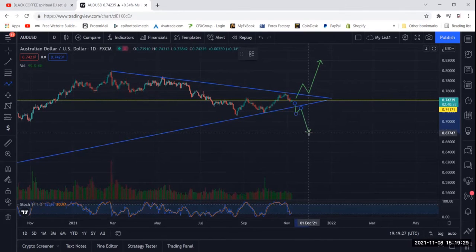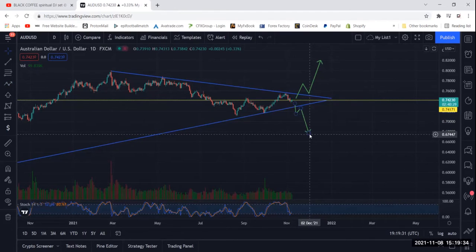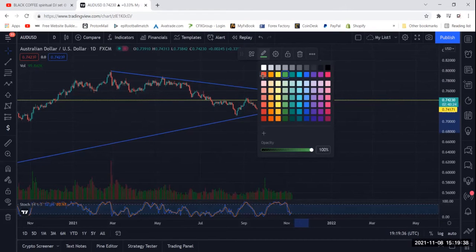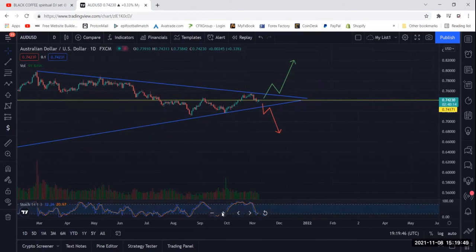Then we would probably see price fall down to this level. Let's make this one red, because this is bearish. This is what we refer to in Forex trading as playing the breakout strategy.